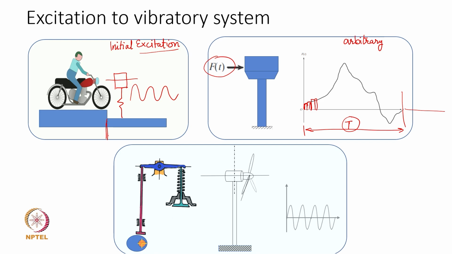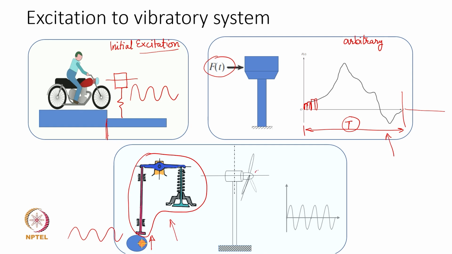For example, some of the examples that we considered were that of a tappet valve mechanism in an IC engine, wherein this vibratory system was excited through the cam, and as the cam rotates, the tappet valve will be pushed up and down in a fashion which cannot be defined through this kind of arbitrary transient excitation.